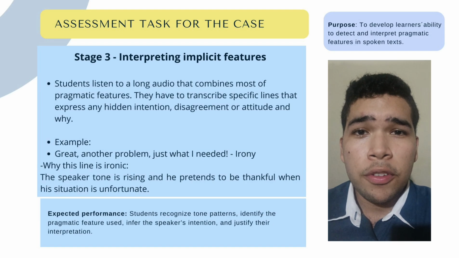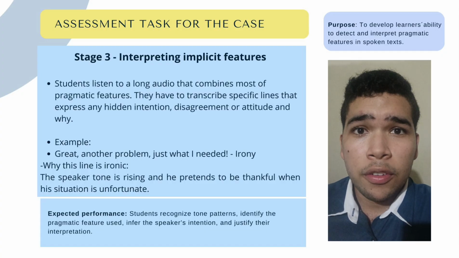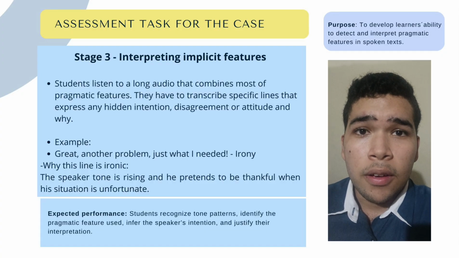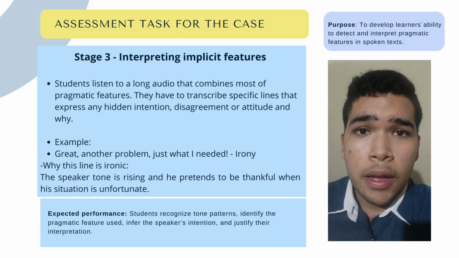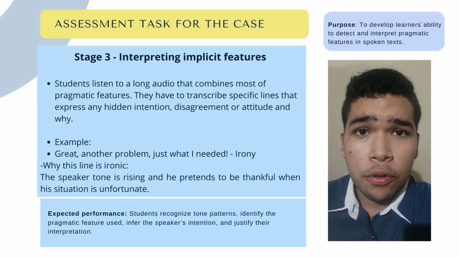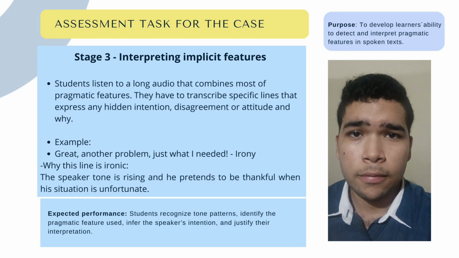And finally, for stage number three, they face a more complex exercise. It's an implicit focus, so they listen to a longer audio, and this time they have to identify most of the pragmatic features and transcribe specific lines that contain all of them or the ones they can find.